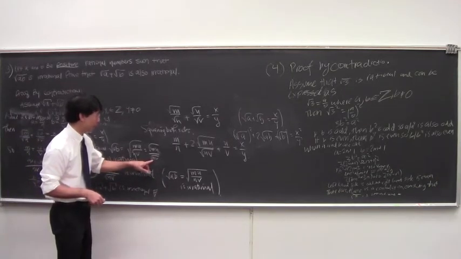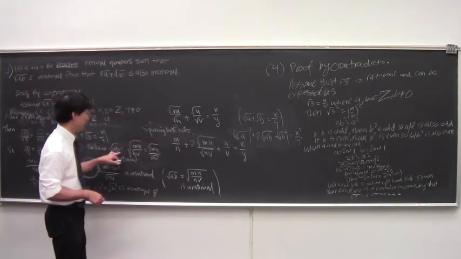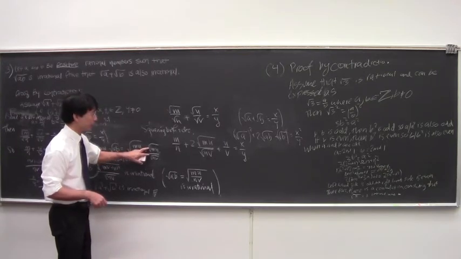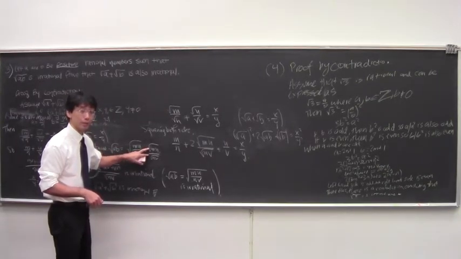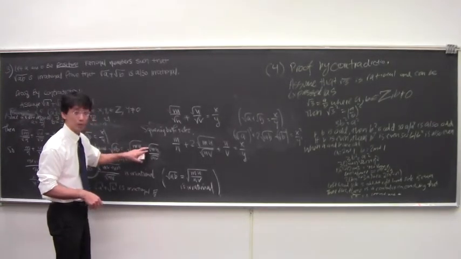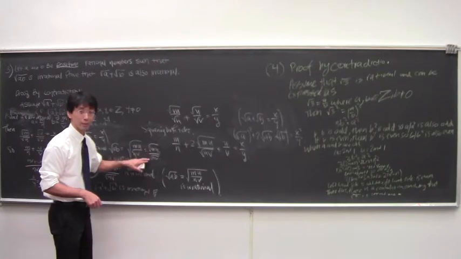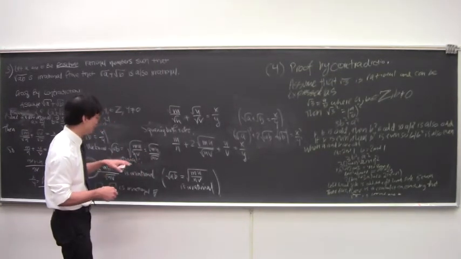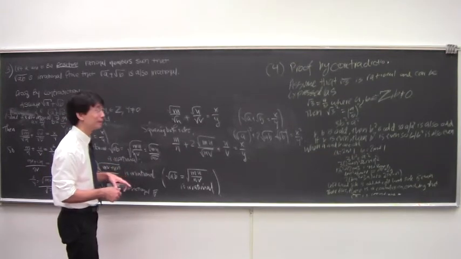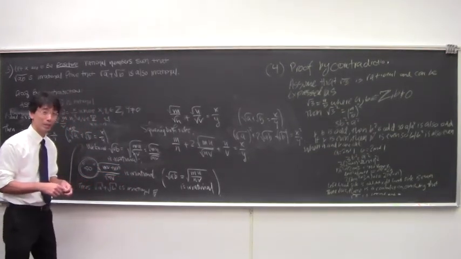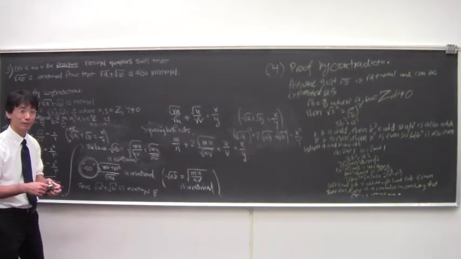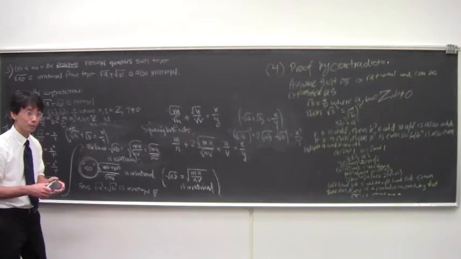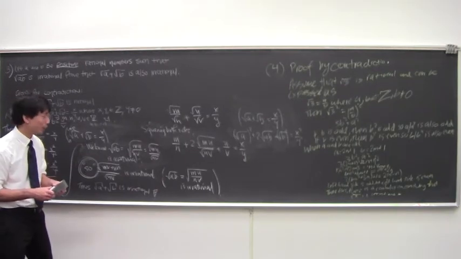So you're telling me that if you have an irrational number, then it has to be expressed as a quotient of irrational numbers? If it's irrational, then both the numerator and the denominator have to be irrational? Well, just one of them has to be irrational. Just one of them? We proved in the previous questions that if you have the sum of a rational and an irrational, it gives you an irrational number. So you only need one of them to be irrational.